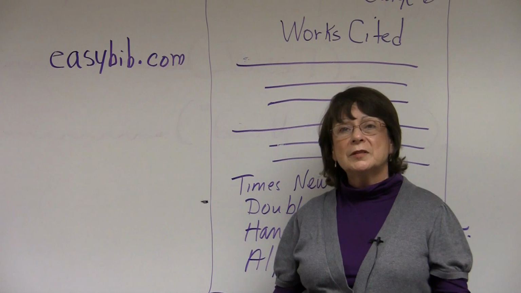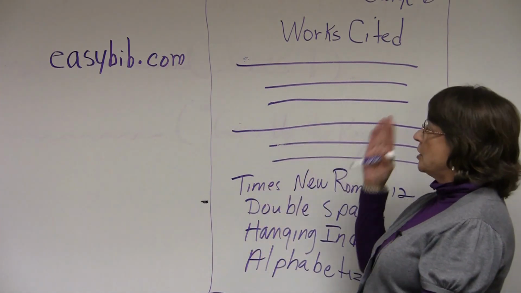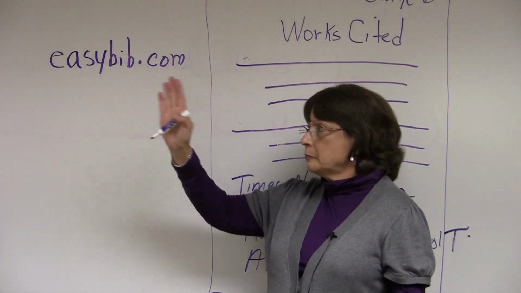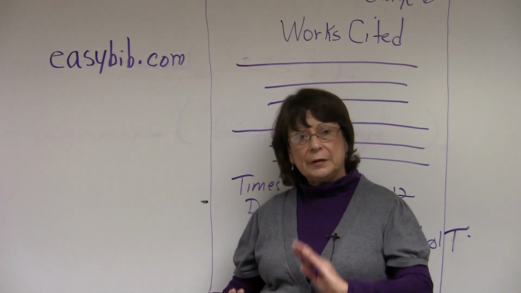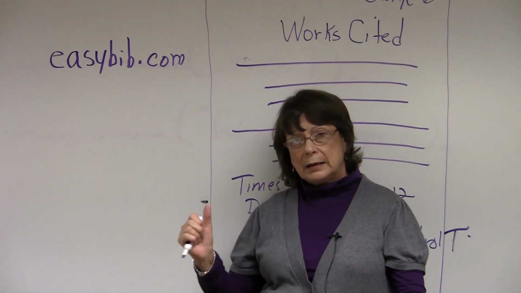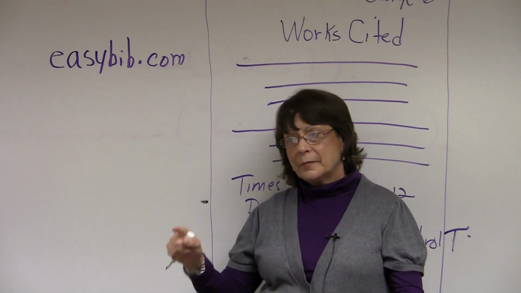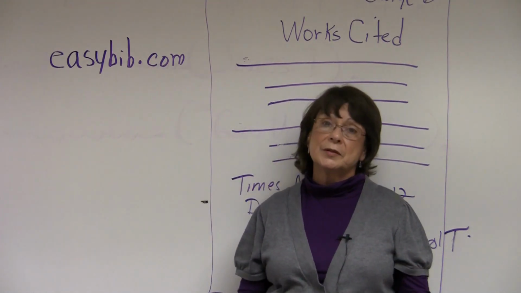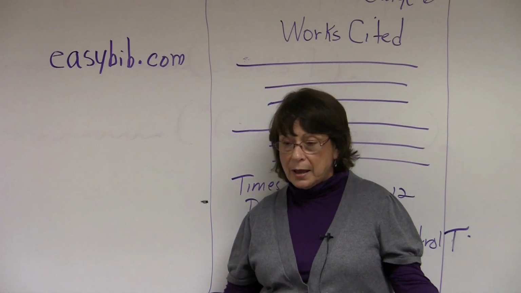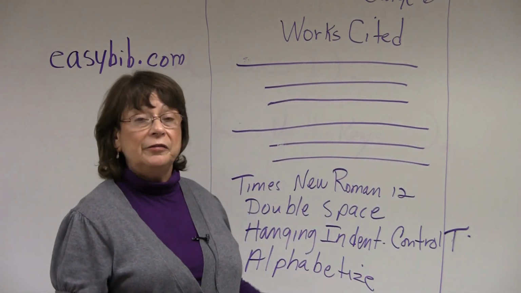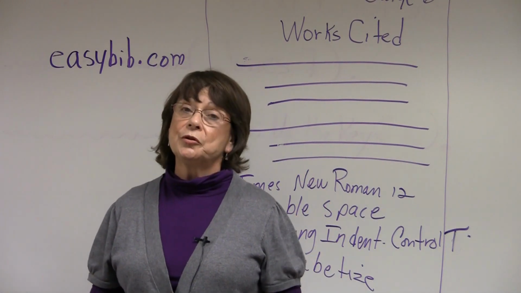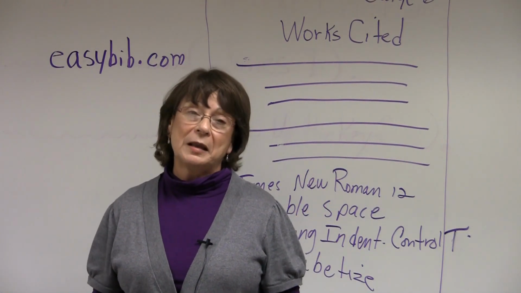And to write those citations, to write that Works Cited, each entry, go to easybib.com. As I said, fill in the blanks, click submit, copy, paste it right on your Works Cited page. So that way, I will be able to go to your Works Cited page and I can find any of the sources that you used in your paper and I can look at them and read them if I like.